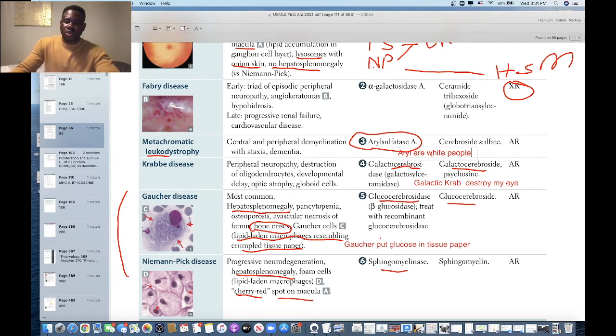If you just Google who Aryls are, you will realize that they are white people. So it means that arylsulfatase is for metachromatic leukodystrophy. Leuko means white, right? So Aryls are white people.